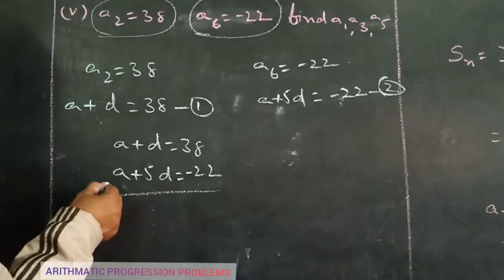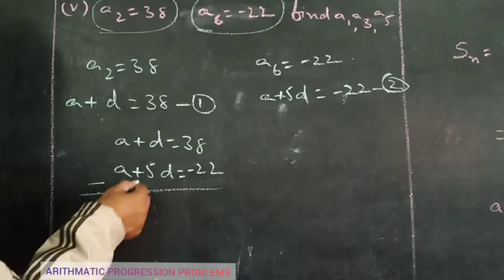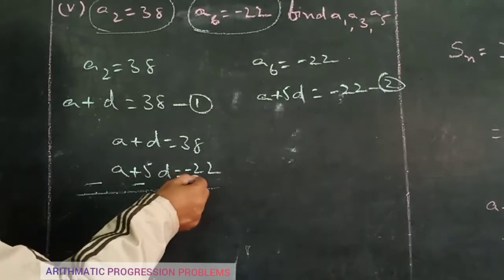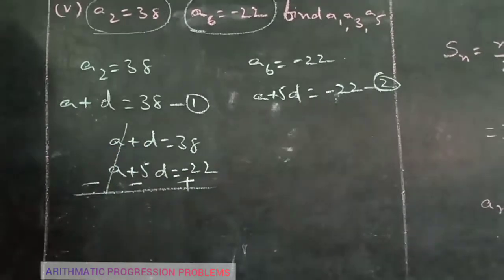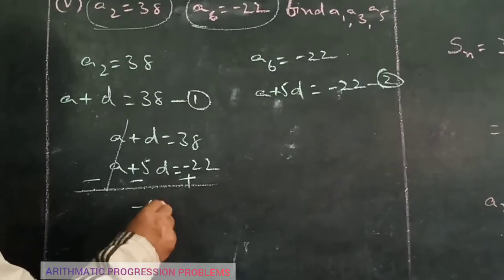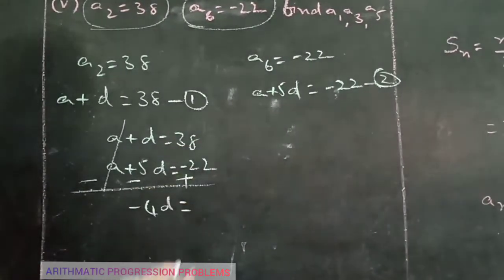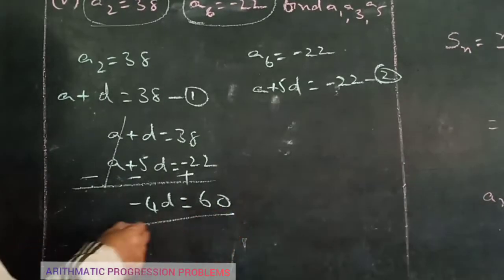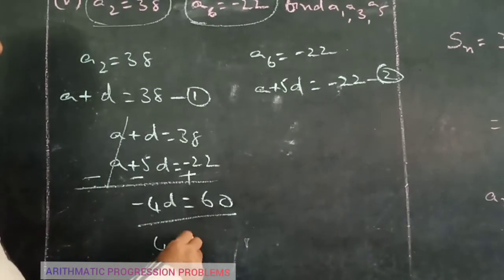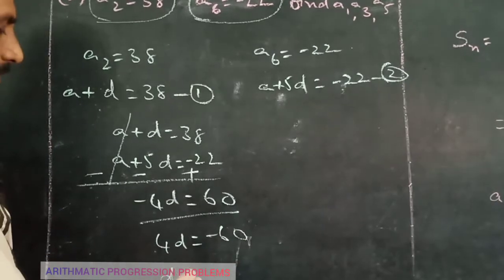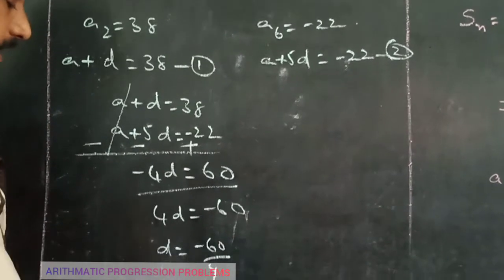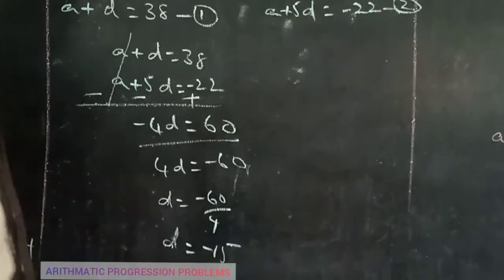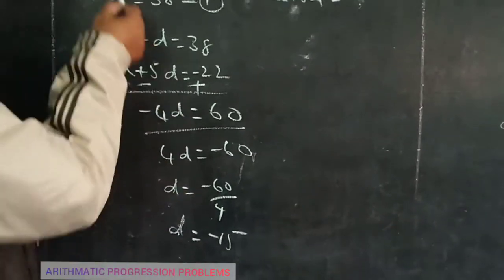Then simplify. On subtraction, minus of a negative value becomes positive. So a minus a cancels. Minus 4d is equal to 60, so 4d equal to minus 60. d equal to minus 60 by 4, d equal to minus 15. Then substitute the value of d in equation 1 or 2.